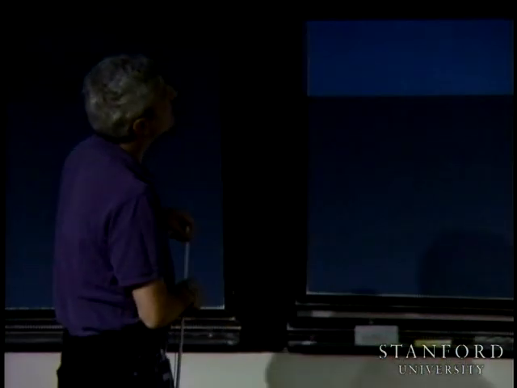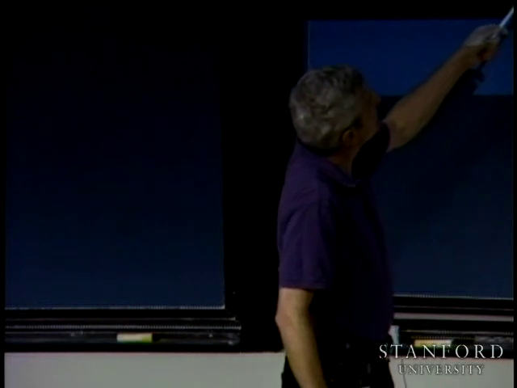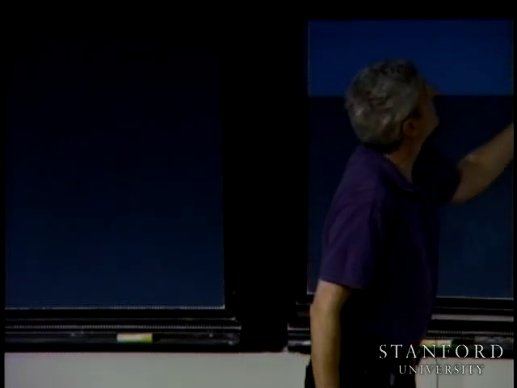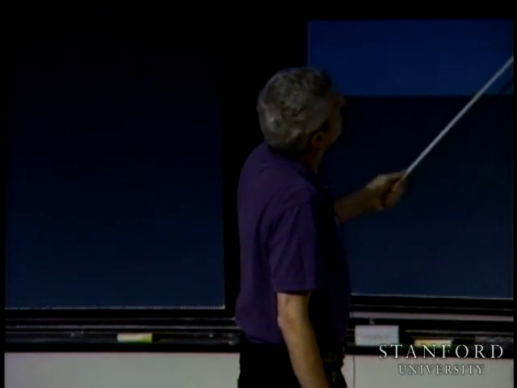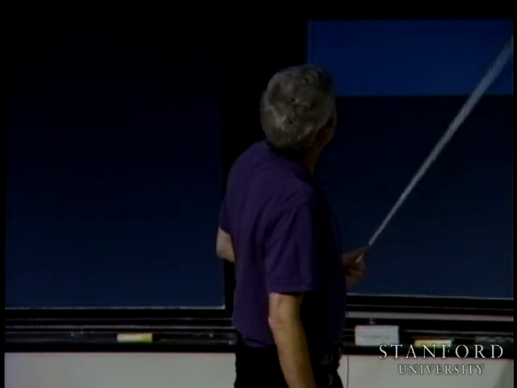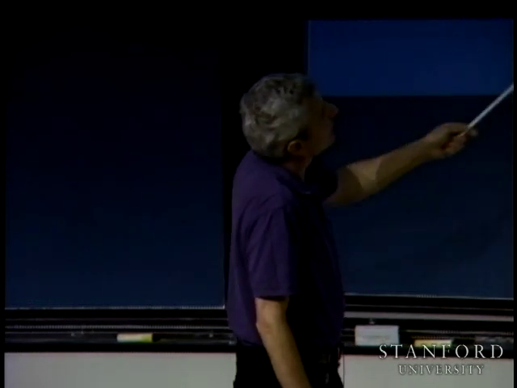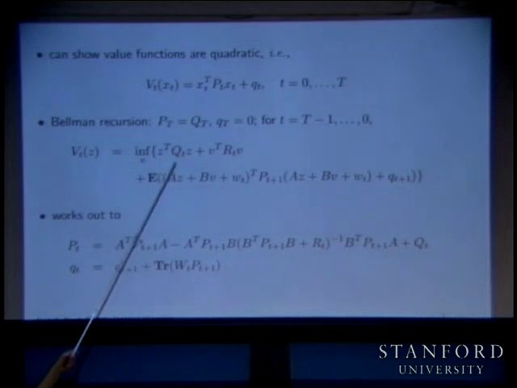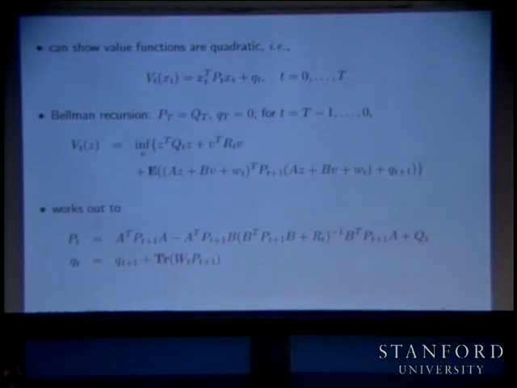Okay. So this term, w_t transpose P_{t+1} w_t, the expected value turns out to be this thing here. And the rest turns into a familiar Riccati recursion, because you just get some quadratic in z and v. You minimize a quadratic in 2 blocks of variables over 1, and you get a Schur complement.